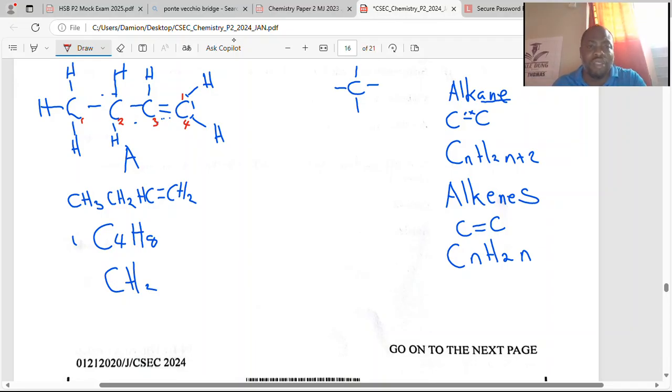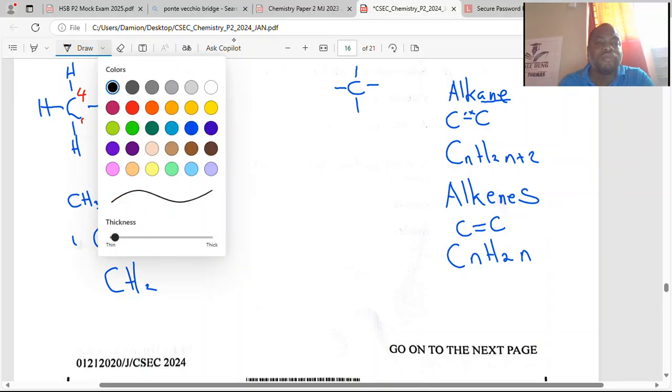The key that you need to remember is that while you do that, you should ensure that the functional group of the organic compound is located on the carbon that has the lowest number possible.